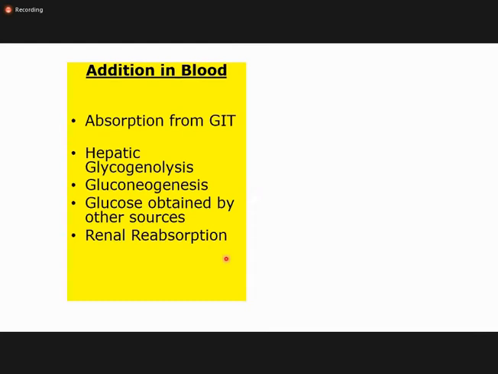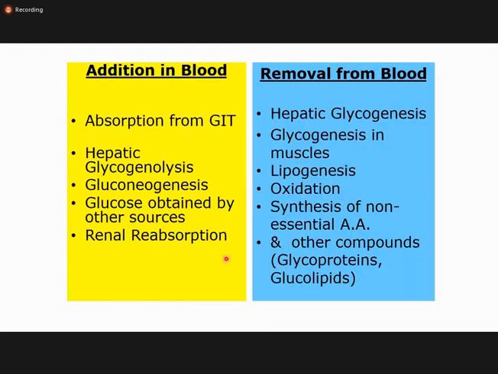Now this is maintained by factors that remove the glucose from the blood. The factors that remove glucose from blood are hepatic glycogenesis, that is the formation of glycogen, the storage of glucose in the form of glycogen in the liver and muscles. Then glycogenesis in muscles as well.